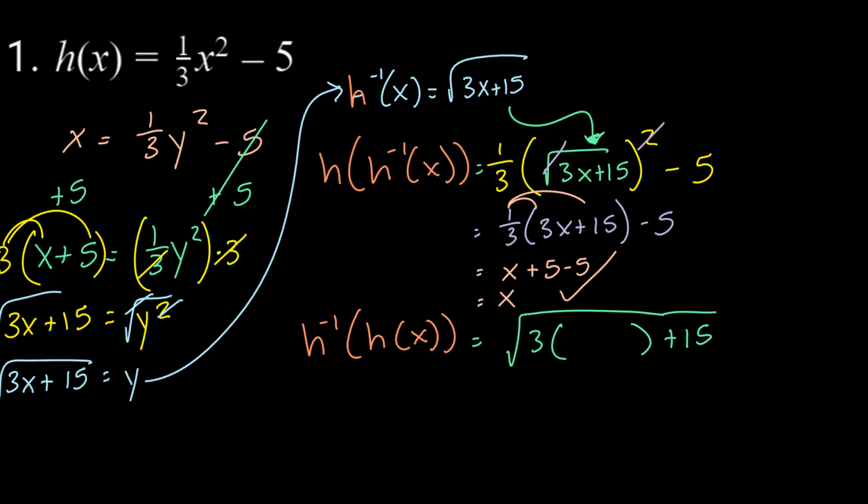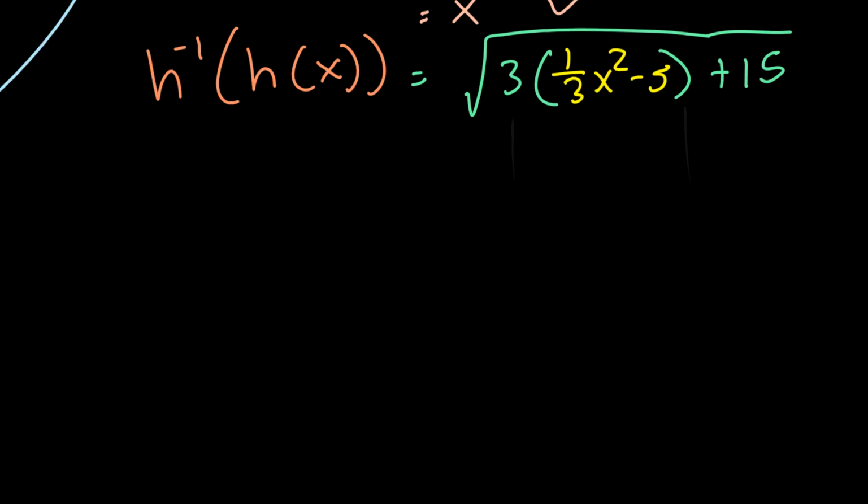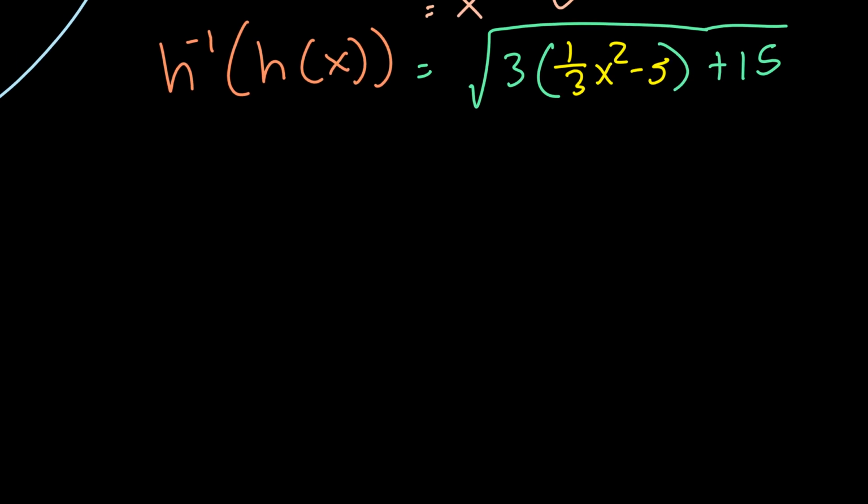But instead of writing x, what are we writing? The original function, 1/3 x squared minus 5. So what should I do first here to simplify? What do you think I do first here to simplify?